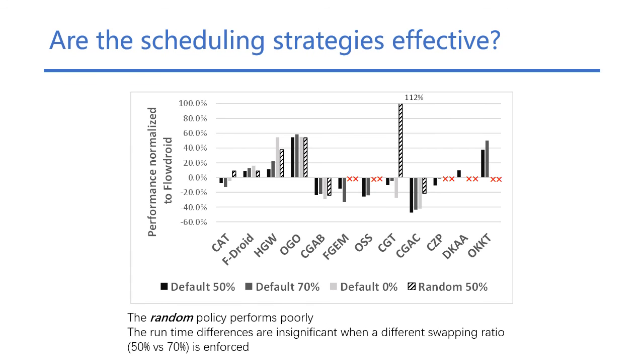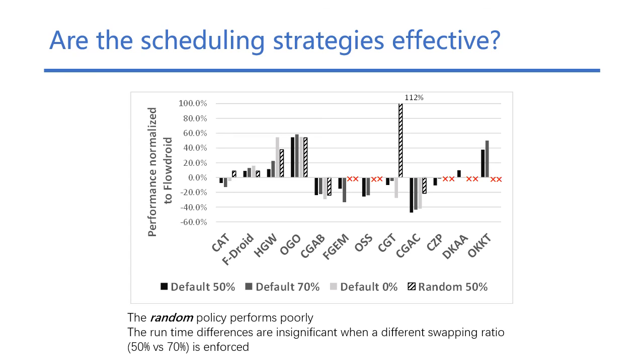We compare the runtime performance of different swapping policies with an enforced swap ratio. Default is the policy in DiskDroid, and random is the policy that randomly swaps out path edge groups. The policy default 0% swaps out all inactive groups and keeps all active groups in memory.